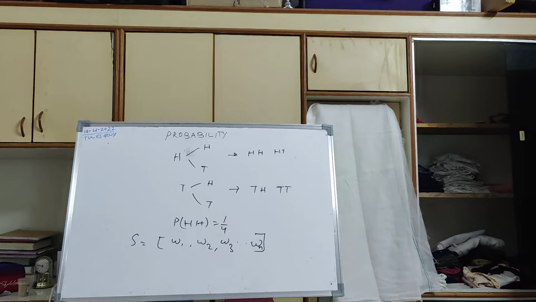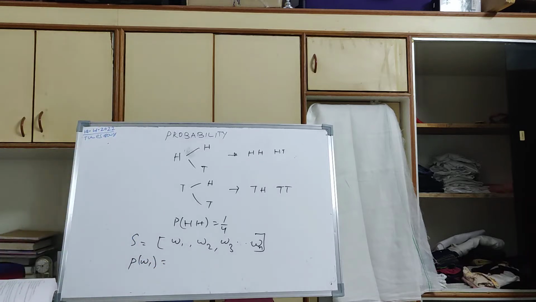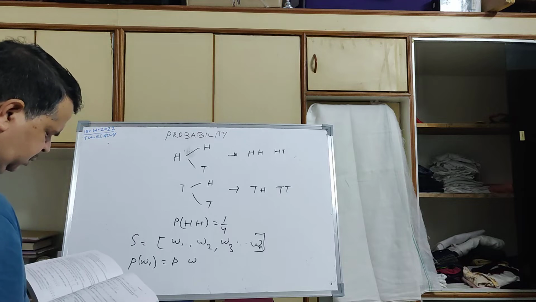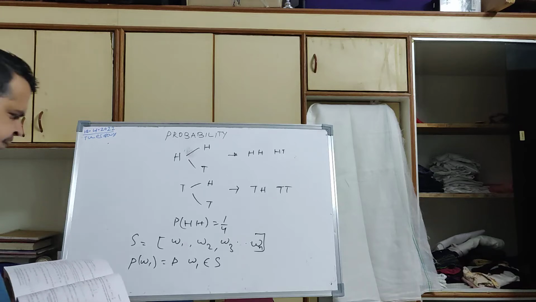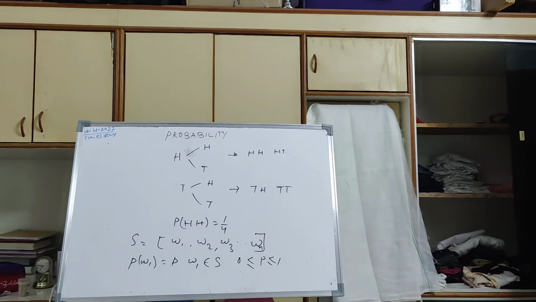Equally likely means each sample event must have the same chance. So the probability of W1 is equal to P, and W1 is a subset of S, where 0 is less than or equal to P, which is less than or equal to 1. Probability can never be greater than 1.